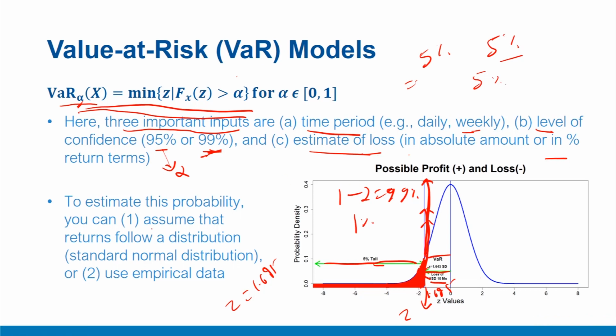First is if you know the probability distribution. For example, if you believe that your variable or return follows normal distribution and you can plot them in the form of normal or standard normal distribution, then in that case you can simply integrate over this region.